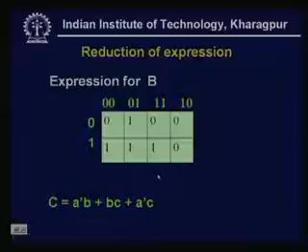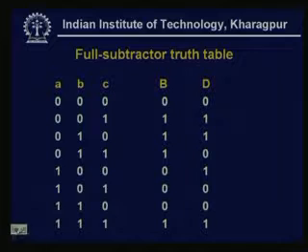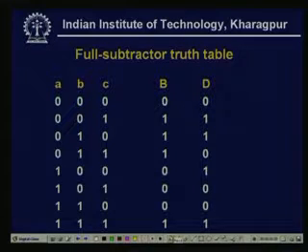Now, what will be the expression for B, the borrow? Again, if we see the borrow, the min terms exist for 001 meaning 1, then 2, then 3 and for 7. So, min terms exist for 1, 2, 3, 7.